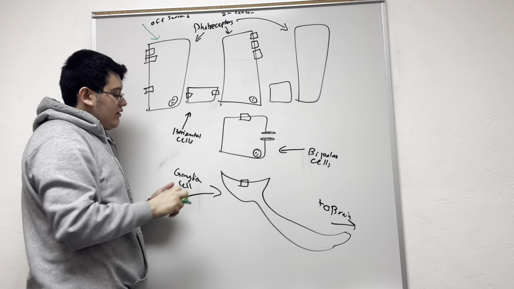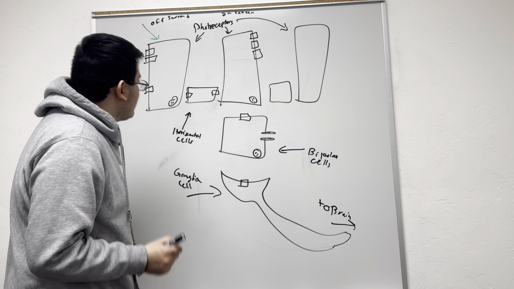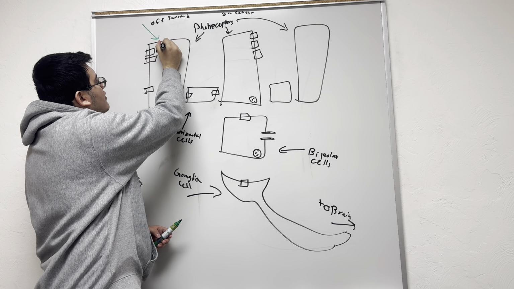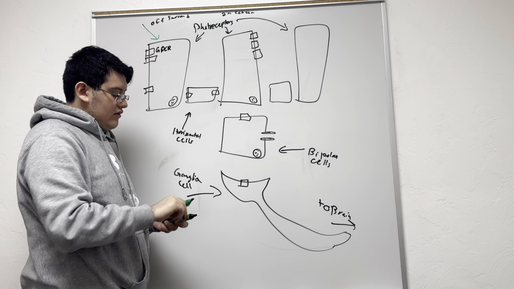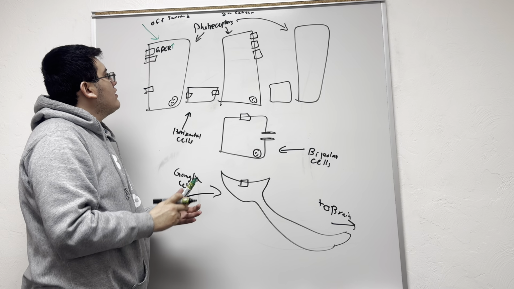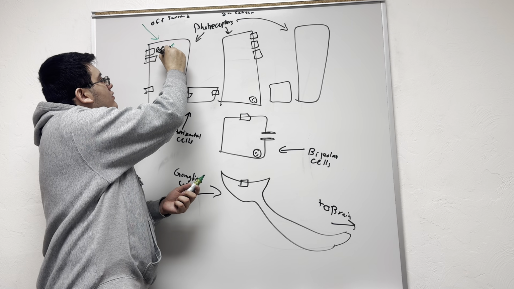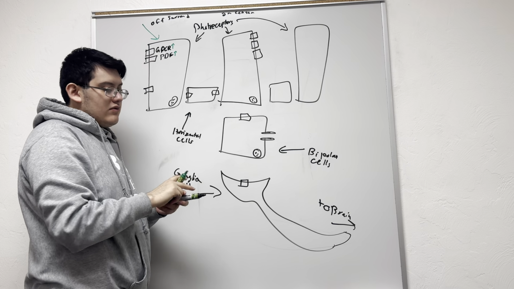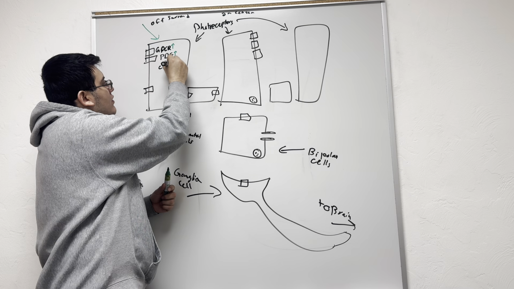When light hits here, it's going to cause an activation in something known as G protein coupled receptors. These are going to increase in activation, which is going to activate the PDE, an enzyme here that likes to eat something known as cyclic GMP.